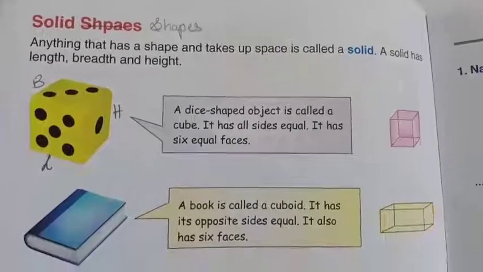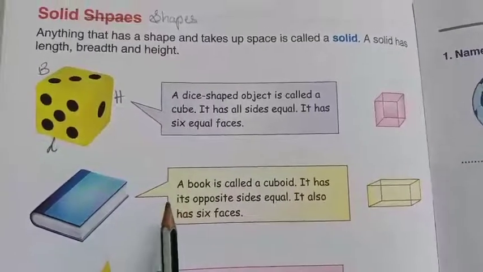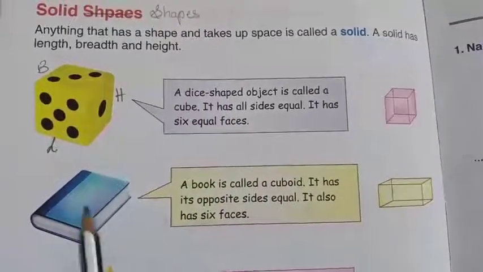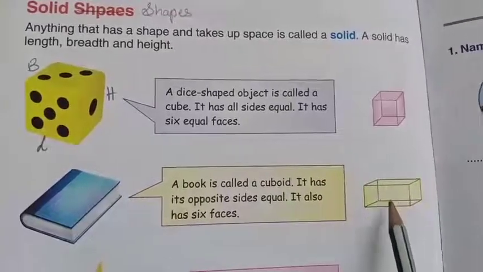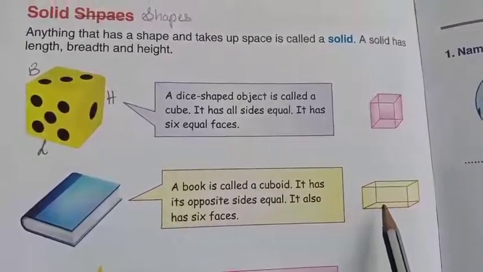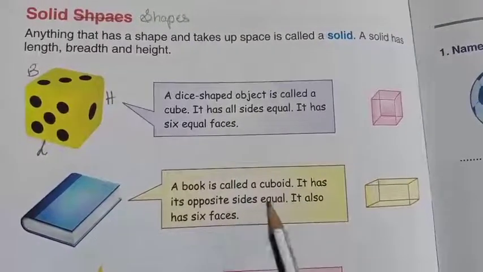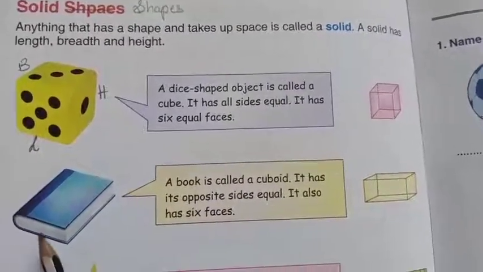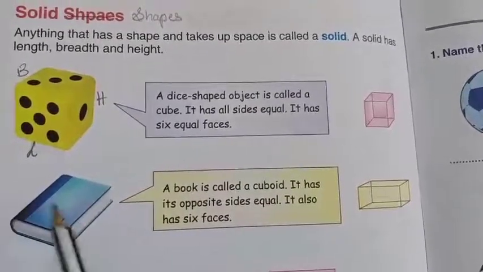C-U-B-E, cube. The next solid shape is a book. A book is called a cuboid. The shape of the book is called a cuboid. C-U-B-O-I-D, cuboid. It has its opposite sides equal. Got it? Opposite sides are equal in the cuboid.